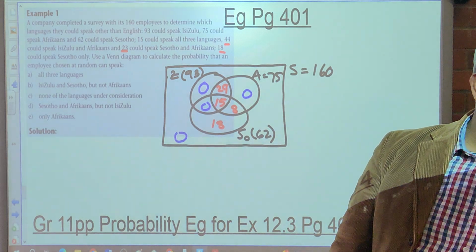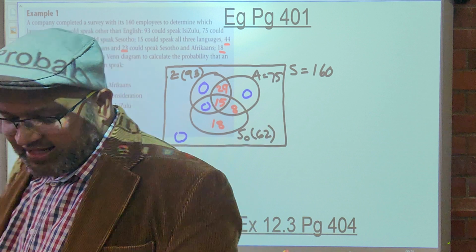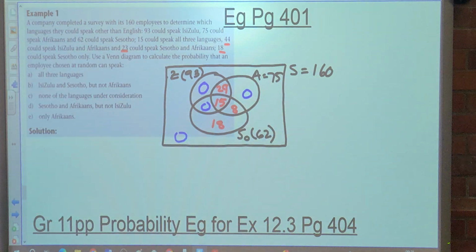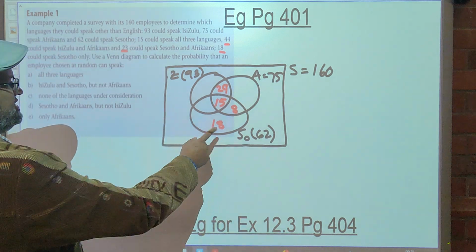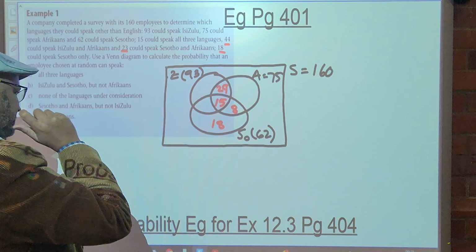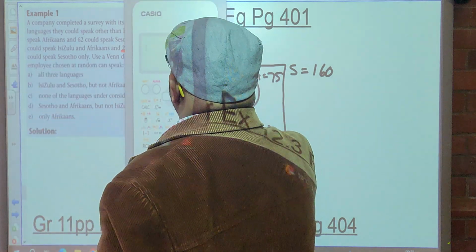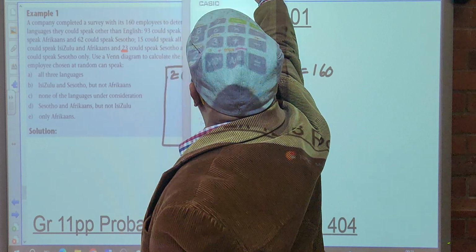You guys understand? So, looking at that information, what can be calculated first? Afrikaans only. Or we could have calculated Sesotho and Zulu only as well. Okay, so let's do the calculation here.